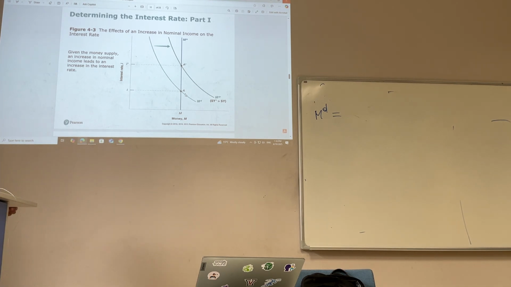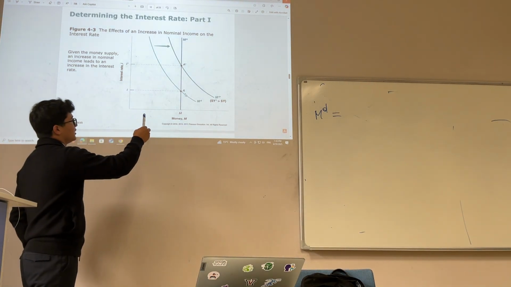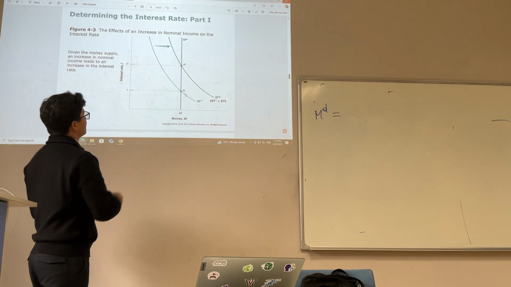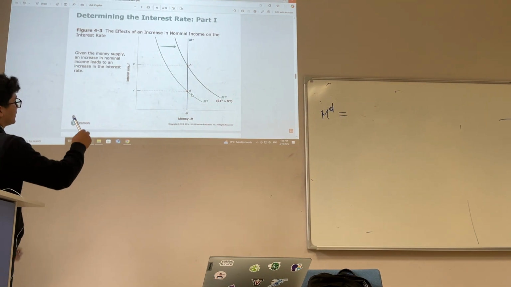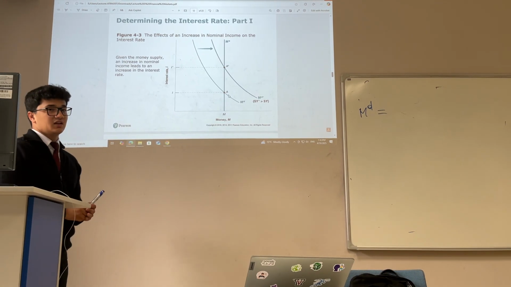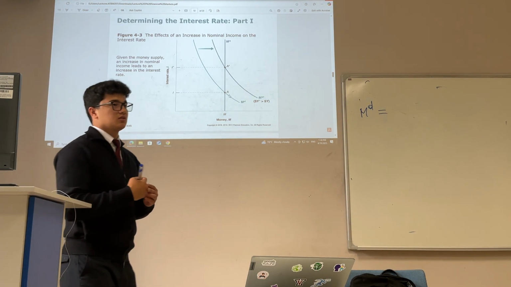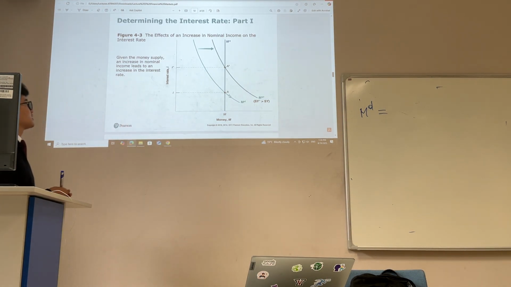You guys know that when demand for money increases, interest also increases because we are demanding more money. That's why the interest rate will increase.